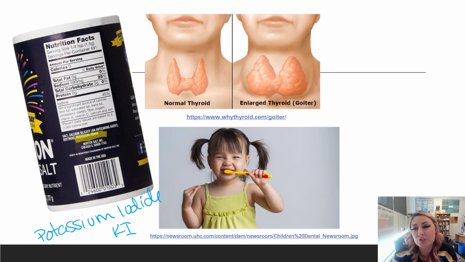Iodine is needed to synthesize thyroid hormones, specifically thyroxine. And if you don't get enough iodine in your diet, deficiency can lead to insufficient thyroid hormone production. So your body then tries to compensate and says, let me make the gland that makes the hormone bigger, and then you'll be able to make enough. Before too long, you have an enlarged thyroid gland, also known as a goiter.